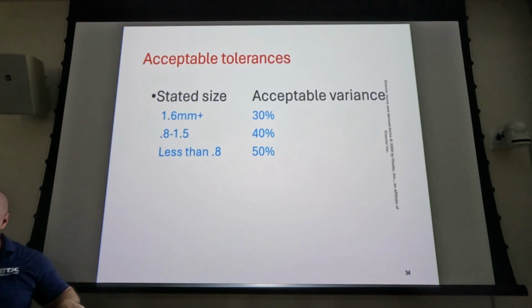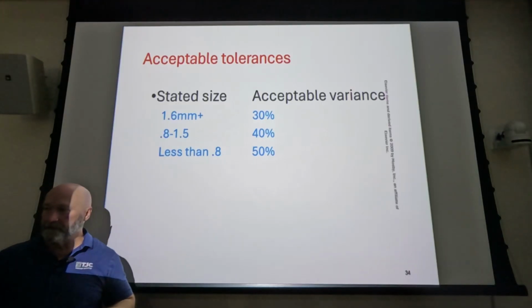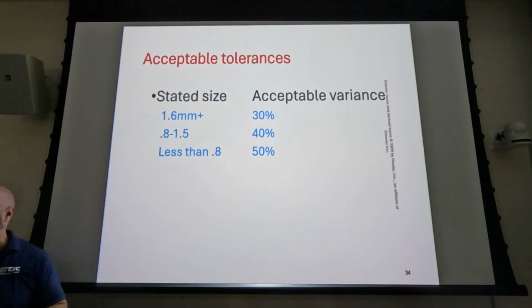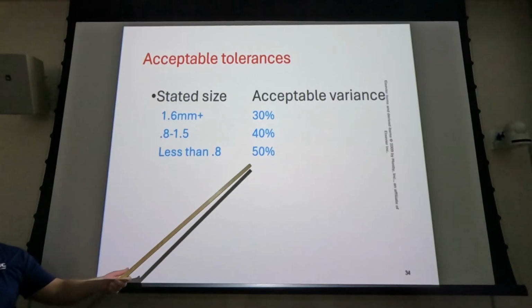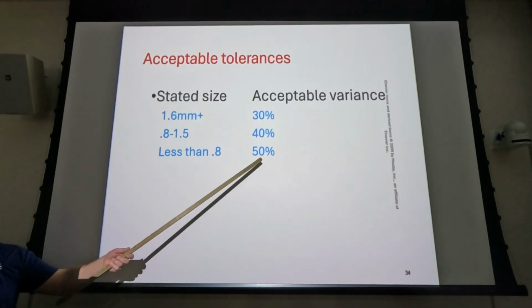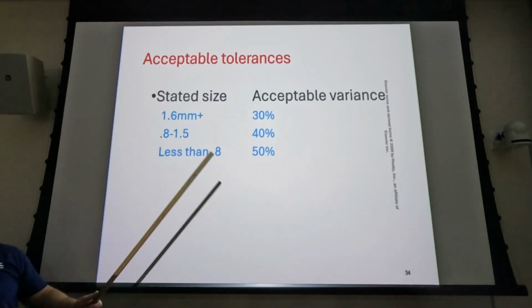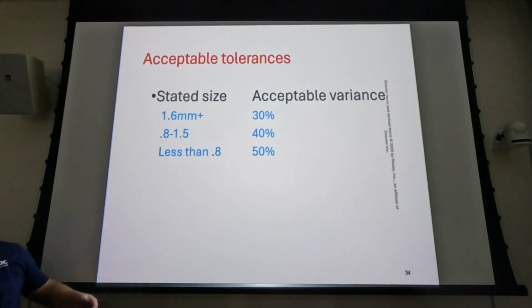If you're on a larger focal spot and the focusing cup is right on top of it, they're probably not going to spread out quite as much. Plus, the collection of those electrons on the larger focal spot are already more spread out than what they are in a small focal spot. So naturally, your smaller focal spot sizes are going to have a larger variance than what your large focal spot is.